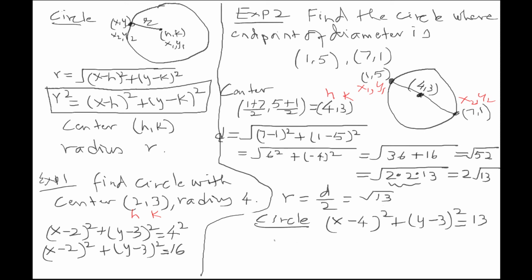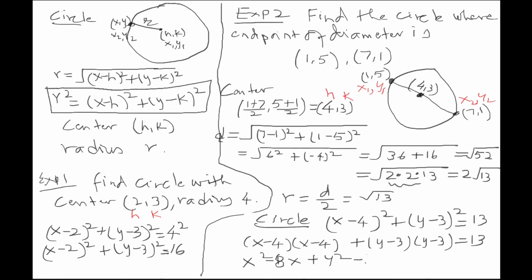So you FOIL it: (x minus 4) times (x minus 4) plus (y minus 3) times (y minus 3) equals 13. Simplifying, you get x squared minus 8x plus y squared minus 6y plus 16 plus 9 equals 13.